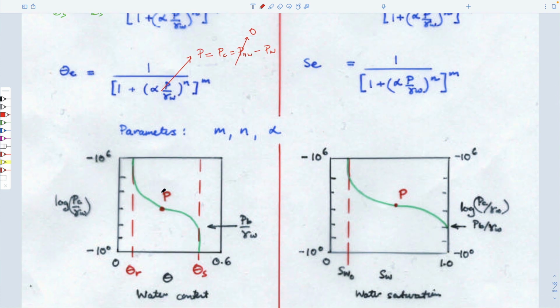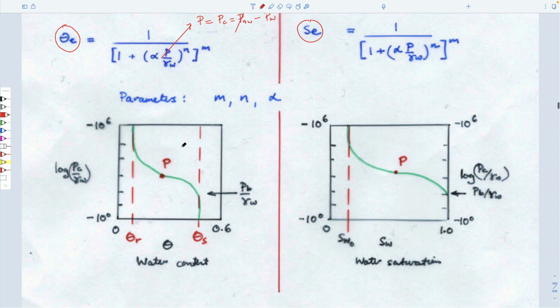And the point is that this now defines the capillary pressure versus saturation curve, either as a volumetric moisture content or as a saturation. They're complementary to each other. These equations are exactly the same as each other because these effective saturation and effective volumetric moisture content are identical to each other. But now it's defined in terms of some empirical parameters.